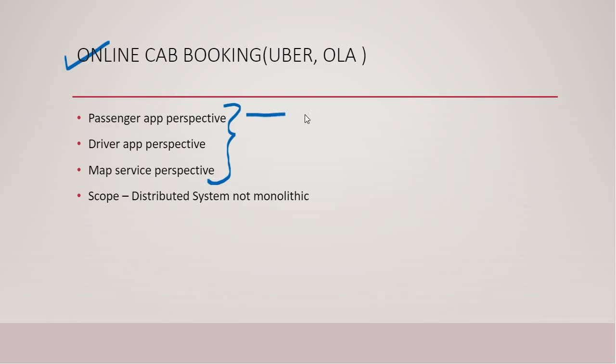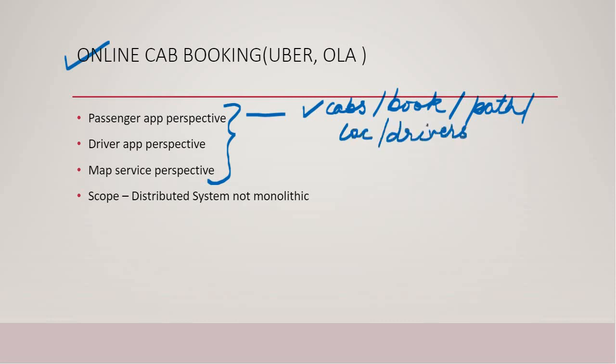So the passenger should be able to see all the cabs around. He should be able to book. Then he should be able to view the path to his destination, his own location, the driver's location, etc. Similarly, the driver should be able to get a request and accept it.